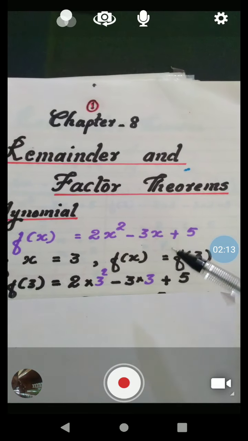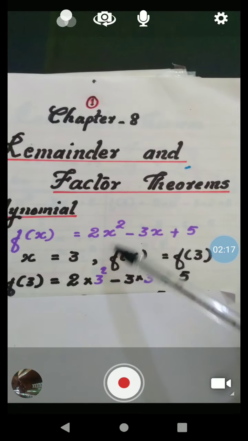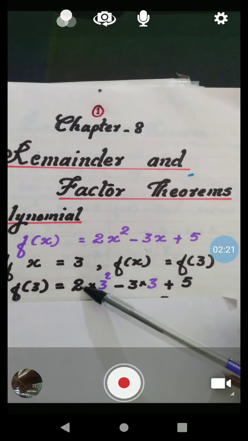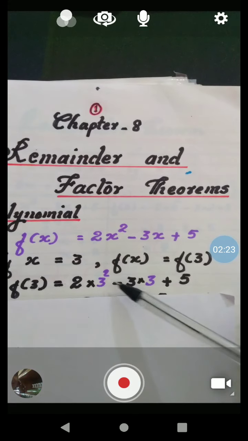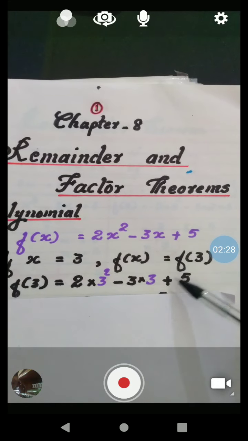Just substitute 3 instead of x. f of 3 is equal to 2 into 3 square minus 3 into 3 plus 5.